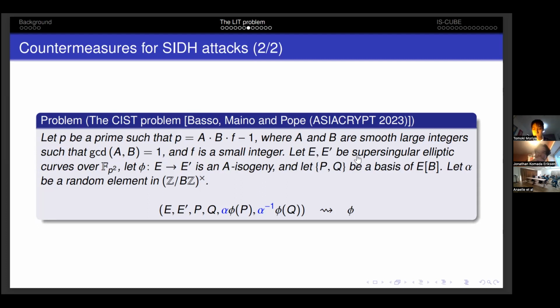And let E and E prime be supersingular curves over F_p squared, and let phi be an A-isogeny, and let P, Q be a basis of E[B], and let alpha be a random element in the unit group of Z over BZ. Then the CSI problem is a problem to compute the hidden isogeny phi from E and E prime and P and Q and alpha phi P and alpha^-1 phi Q. So here we hide some information of these torsion points by using the alpha.